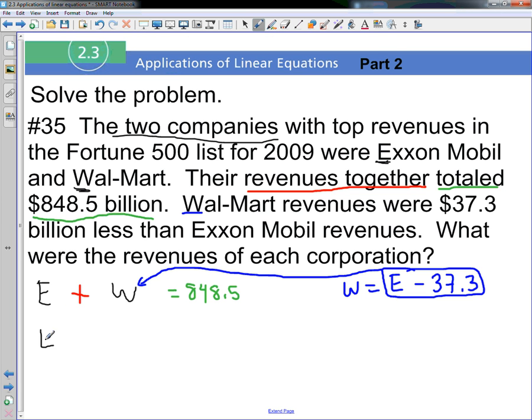So we have E plus, and now instead of Walmart, we're going to plug in E minus 37.3. And it equals the 848.5 billion.